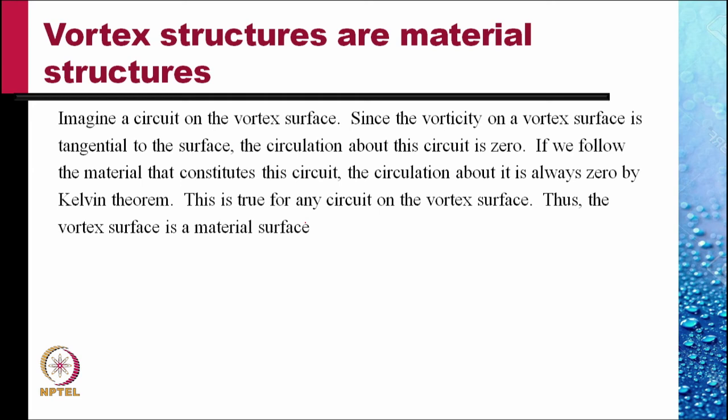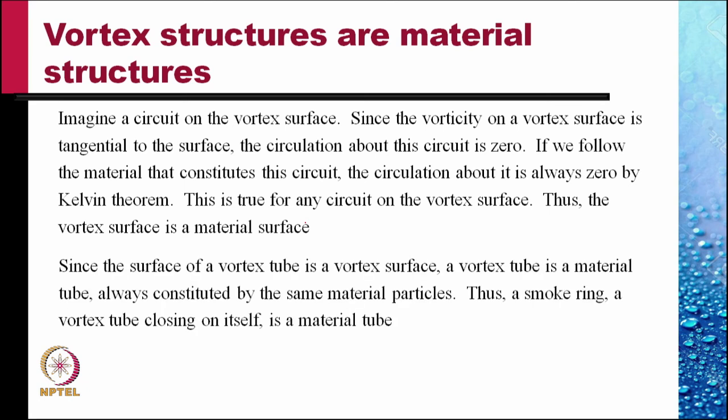This is true for any circuit on the vortex surface. Thus, the vortex surface is a material surface. So whatever is a vortex surface once will always be a vortex surface in an irrotational flow.